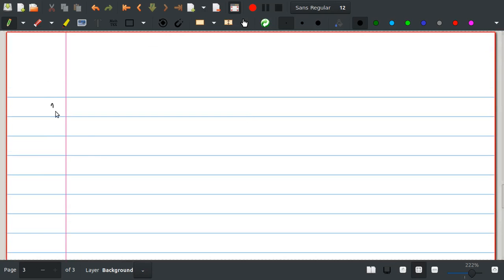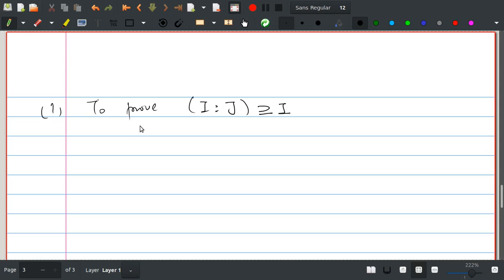So the first item: we have to prove that I : J contains I. So this is the solution of the first.